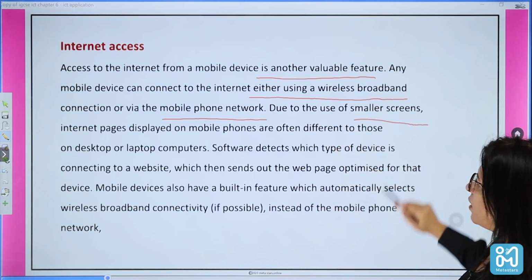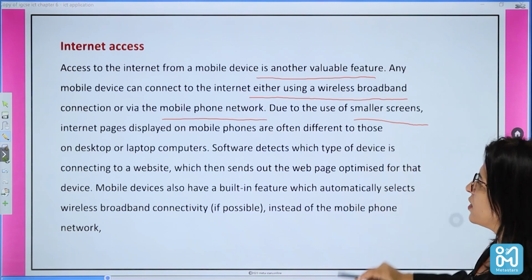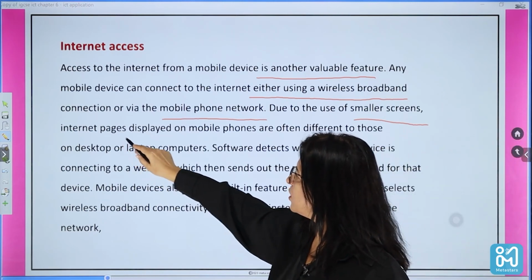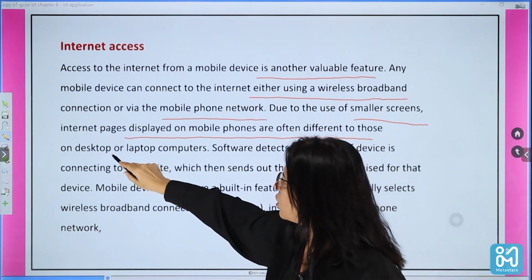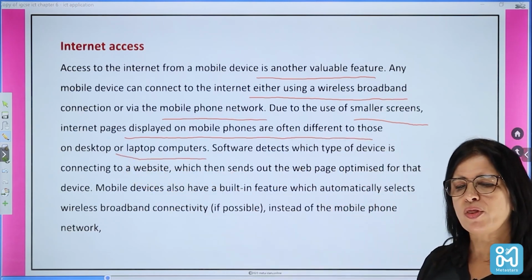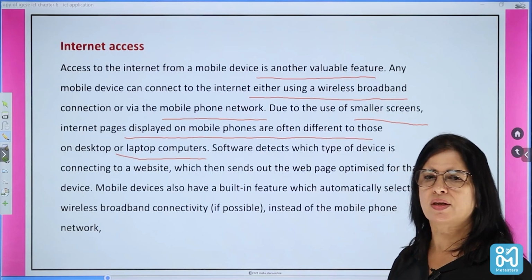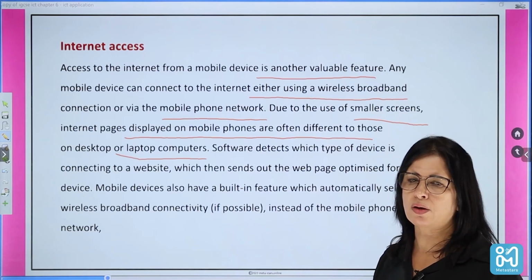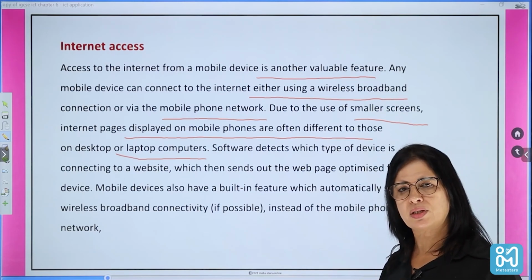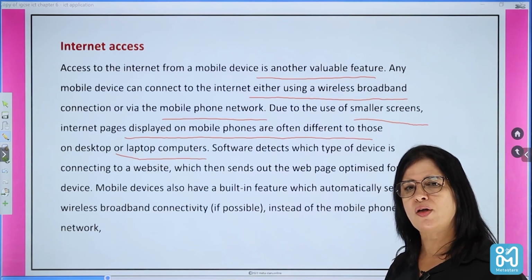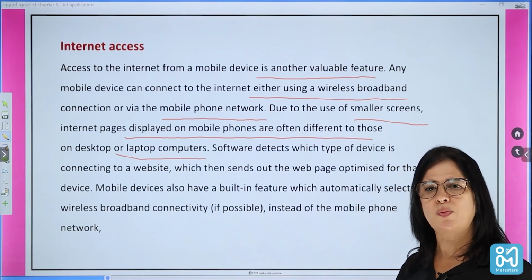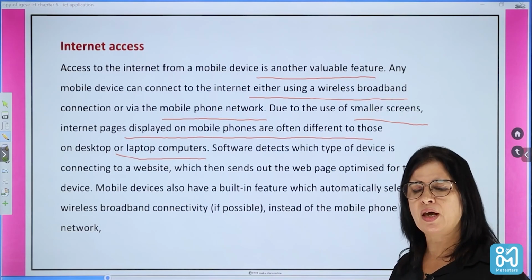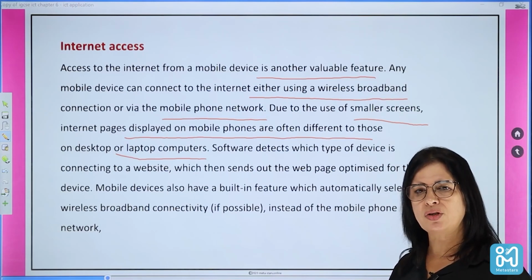Due to the disadvantage that the screen is small, internet pages displayed on the mobile phone are often different to those on desktop or laptop computers. So when designing web pages, web developers or designers take into consideration whether the pages will be displayed on the mobile or on your PC, because the screens have certain dimensions.